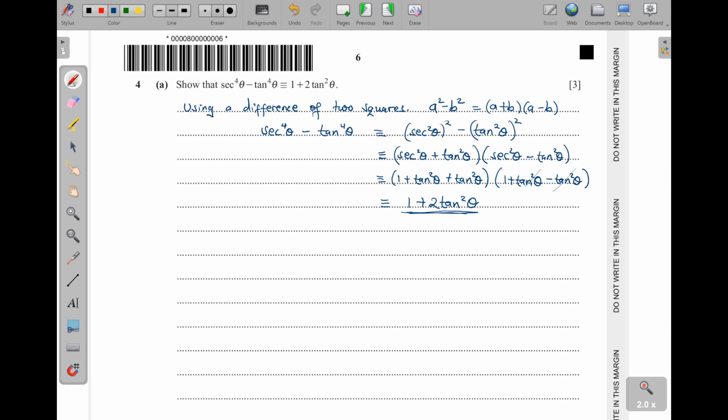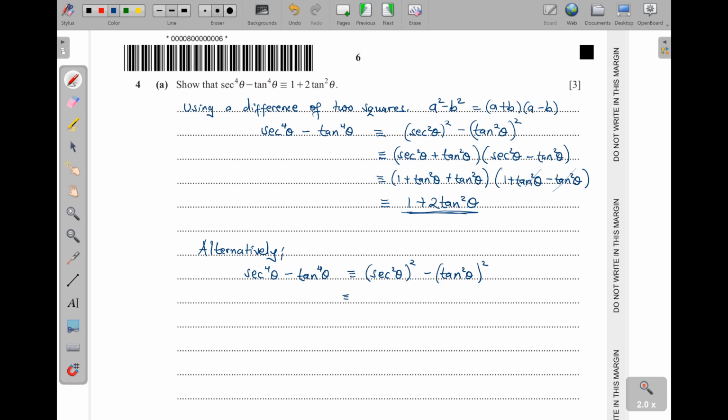Alternatively, you can also do this. You can say our sec power 4 theta minus tan power 4 theta again is the same as saying sec squared theta, minus tan squared theta.